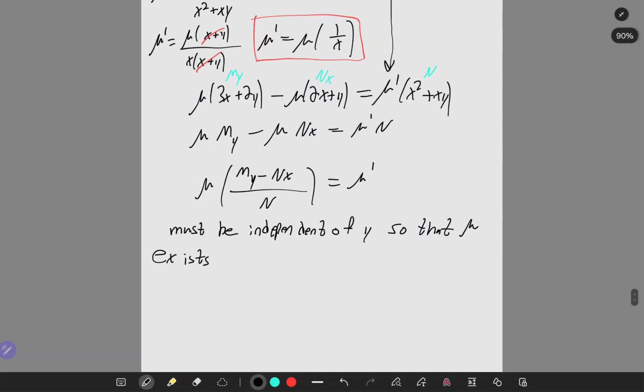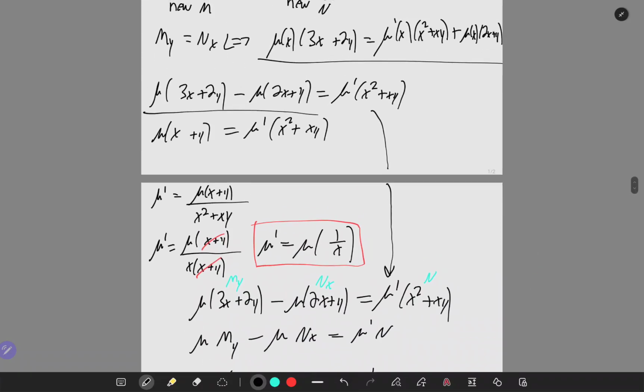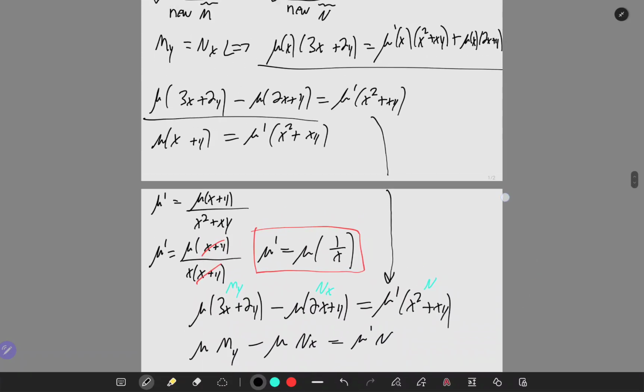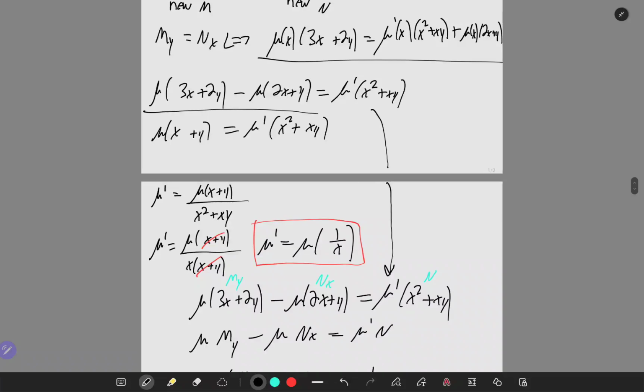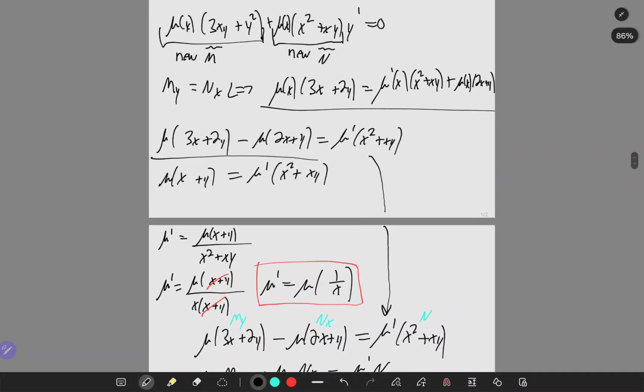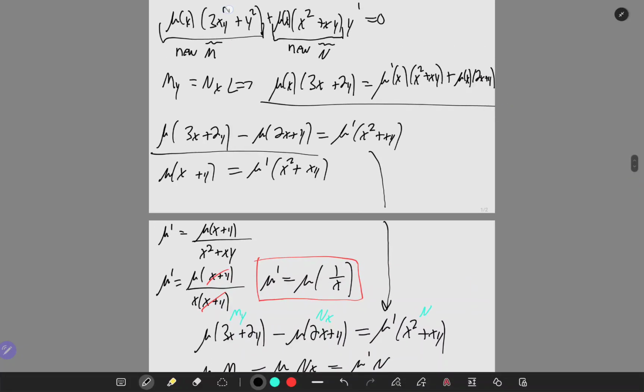Okay, so, hold on. I see where we got this from now. I see where we got the my, nx, and n from. If you look back at our original m and n up here, this is our original m, this is our original n, right?